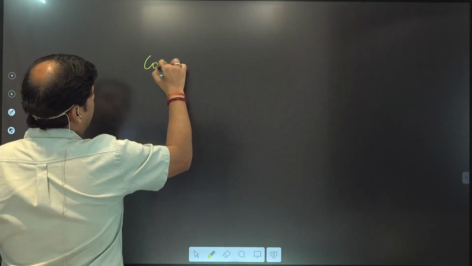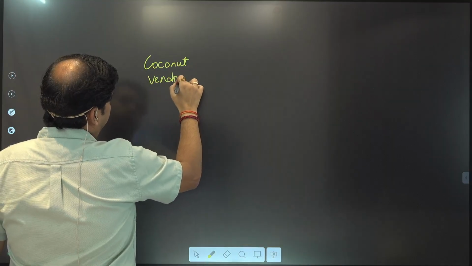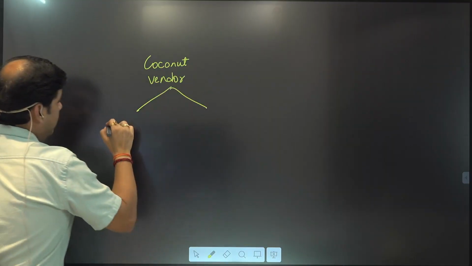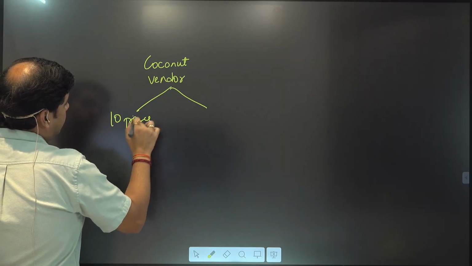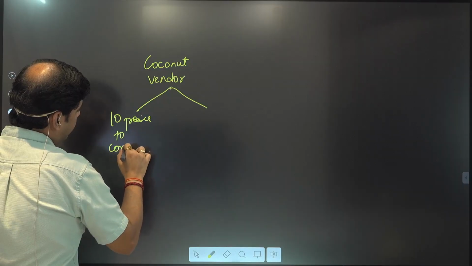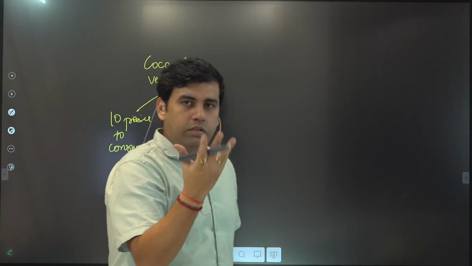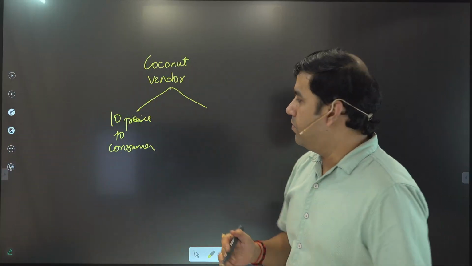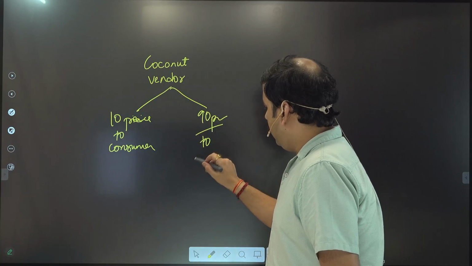So there is a coconut vendor. He has sold 10 pieces of drinking water, coconut water, to consumers. He has sold 90 pieces to a company.